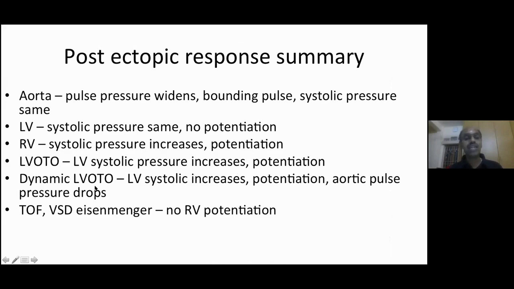Whenever there is a dynamic LVOTO, as in hypertrophic cardiomyopathy, not only is there an LV systolic pressure potentiation, but also an aortic pressure drop, thereby worsening the gradient. Whenever the right ventricle is supporting the aorta, as in tetralogy of Fallot, VSD Eisenmenger syndrome, or uncorrected transposition, there will not be any RV potentiation.